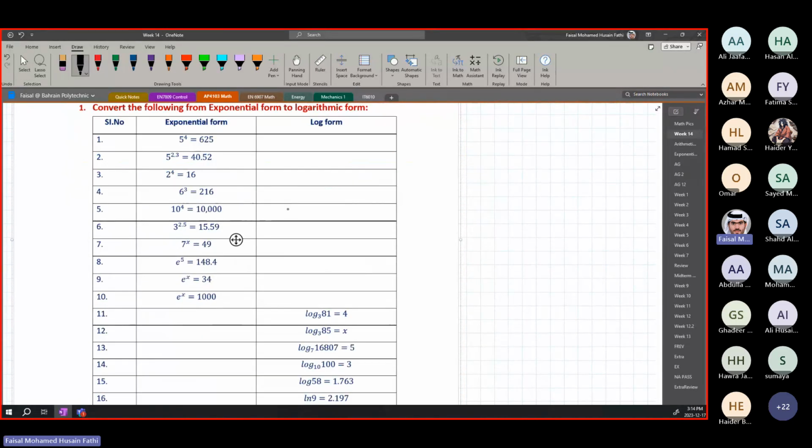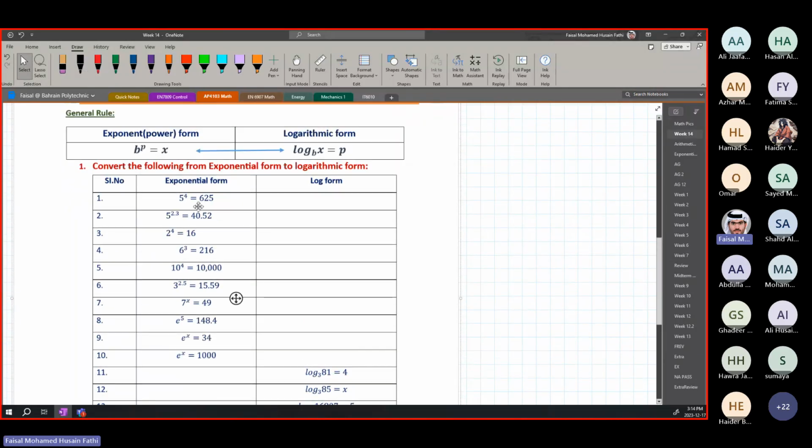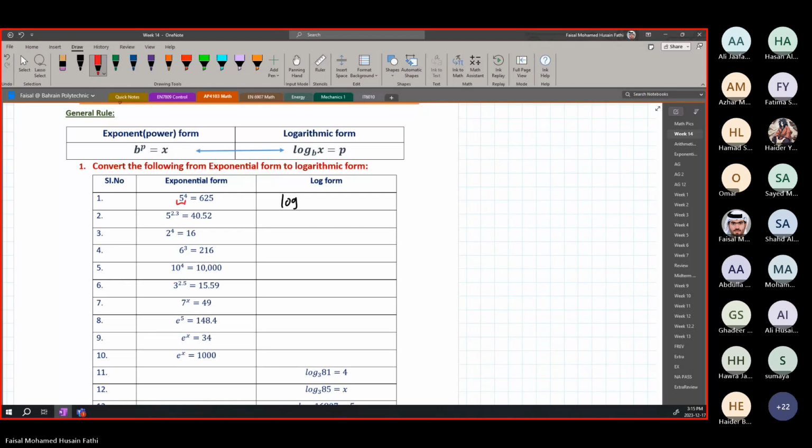If we look at this here, 5 to the power of 4 is equal to 625. If we want to write it in log form, we go log. The base is 5, the solution is 625, is equal to the exponent, which is 4.